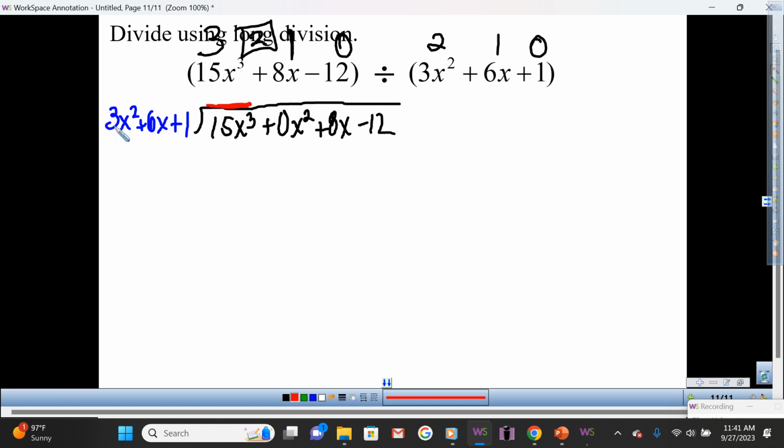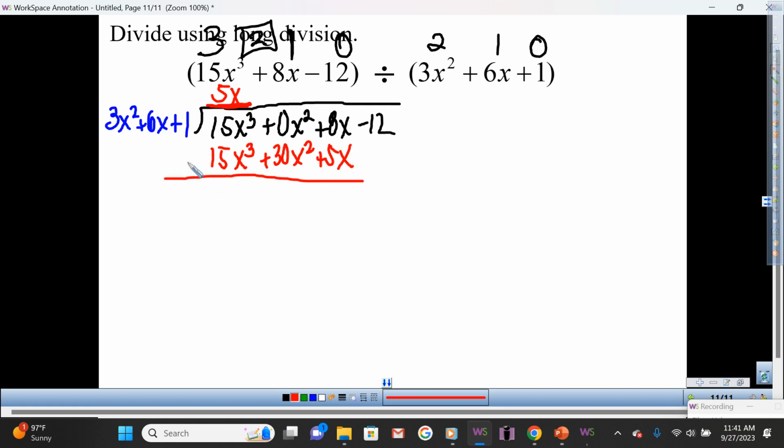What number times 3x squared gives us 15x cubed? 5x. 5x times 3x squared is 15x cubed. 5x times 6, that's 30x squared. And 5x times 1 is 5x.